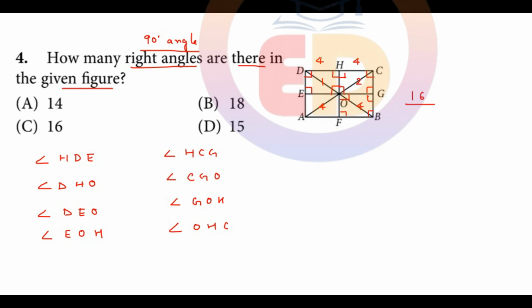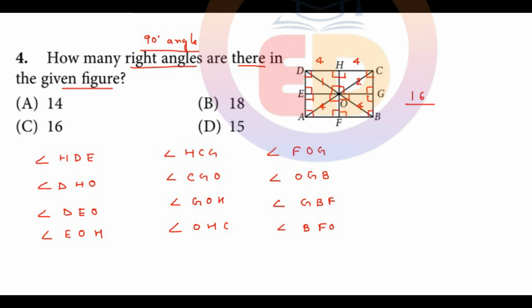Let's name them. First was angle FOG, second is angle OGB, third right angle is angle GBF, and the fourth is angle BFO. Going to the fourth rectangle, these are the four right angles.